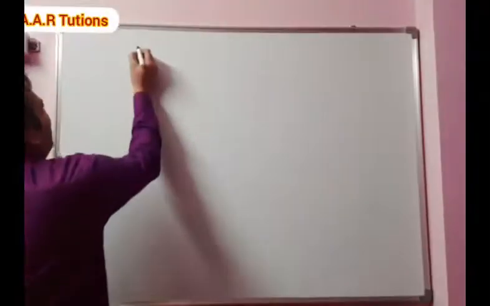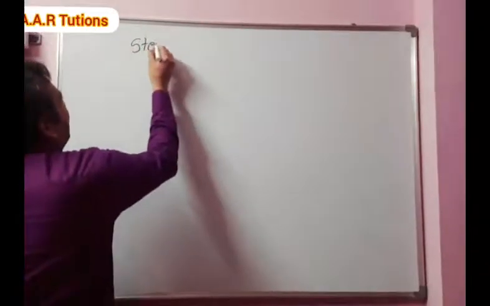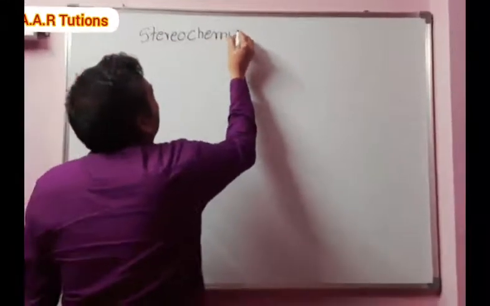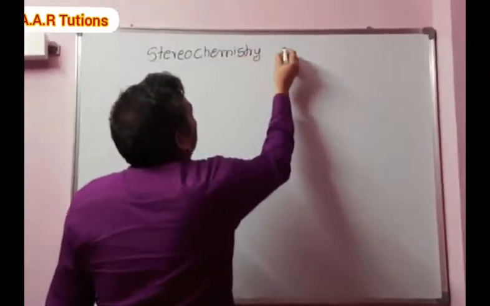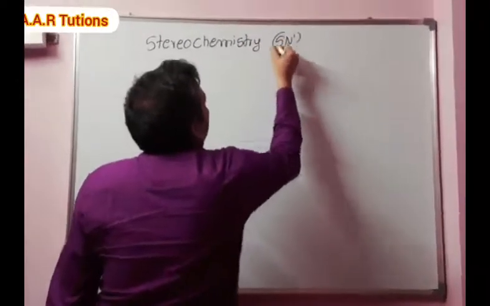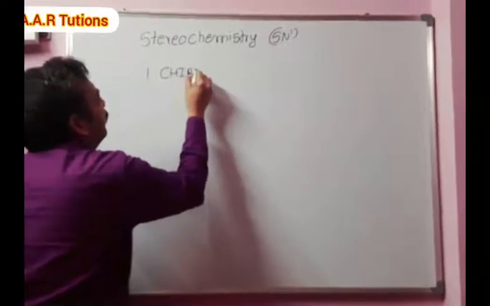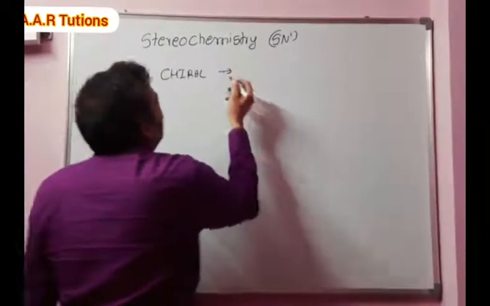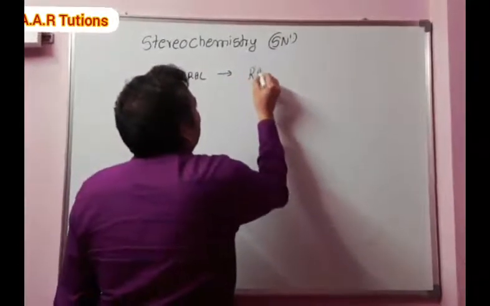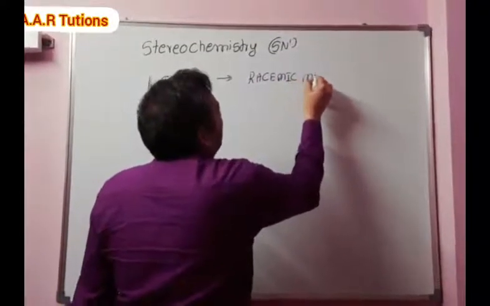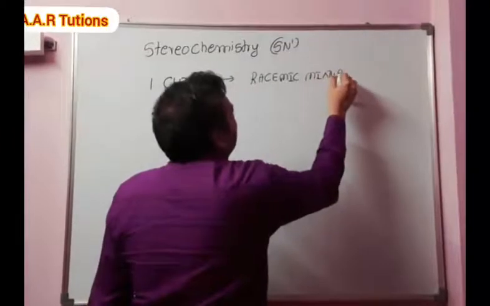Some important points about stereochemistry in the SN1 reaction. One chiral carbon gives a racemic mixture, with a mixture of enantiomers.